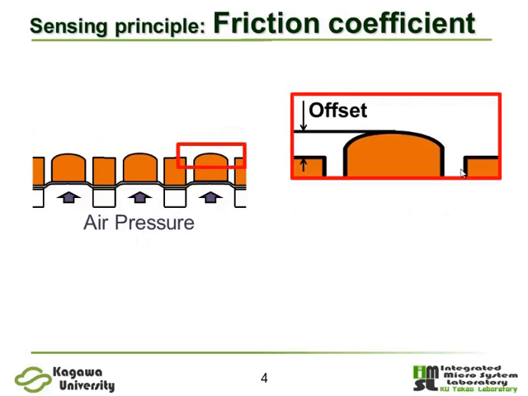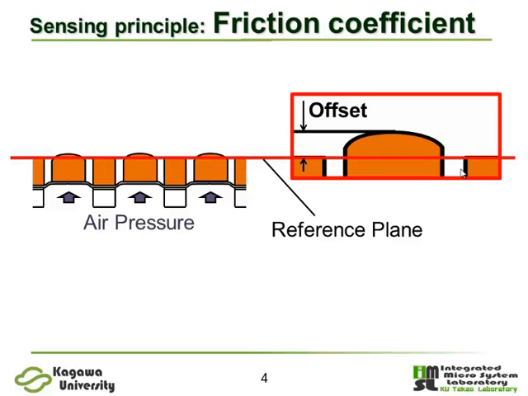Utilizing the detection ability of three-axis force and the reference plane structure formed around the contact tips, the friction coefficient of the surface can be detected easily with the new tactile sensor device.